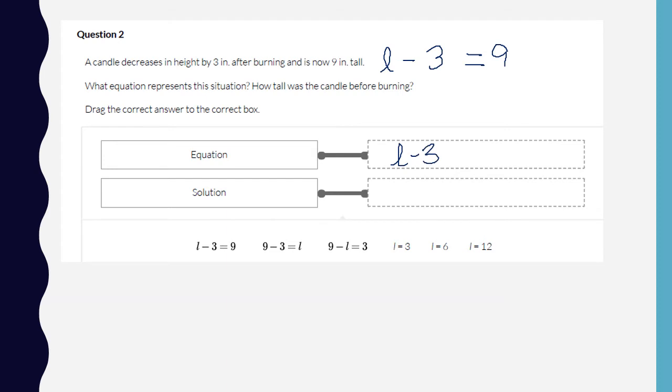So L minus 3 equals 9. Okay, and then to solve, we have to add 3 to both sides. Over here it goes away, and 9 plus 3 is 12. So L equals 12.